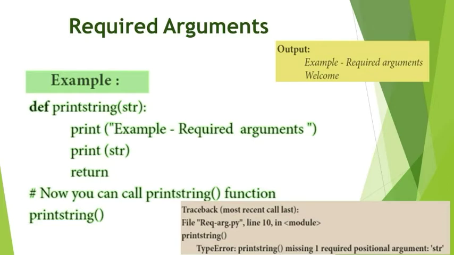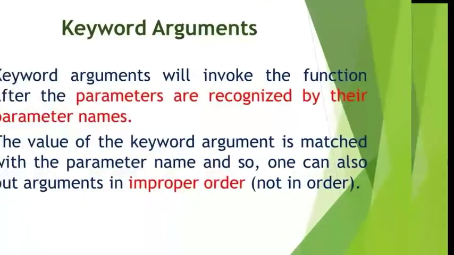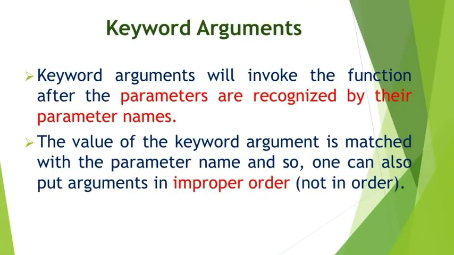In these required arguments you must pass the argument to that parameter, otherwise you will get the syntax error. And next let us see about keyword arguments. Keyword arguments are arguments that can be called by their name. Okay, keyword arguments will invoke the function after the parameters are recognized by their parameter names.